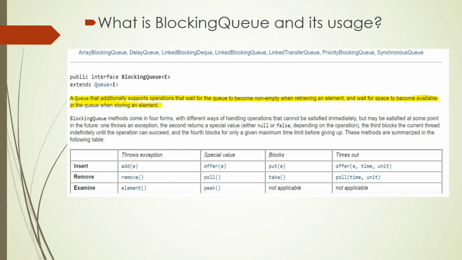And at the time of retrieving, if the collection is empty, then it will wait, and that happens with the inbuilt methods that are provided, like poll and peek. These are the special operations for blocking queue. This is a very tricky question. You should go through all the implementations of blocking queue and provide at least a couple of examples like ArrayBlockingQueue, LinkedBlockingQueue, DelayQueue.